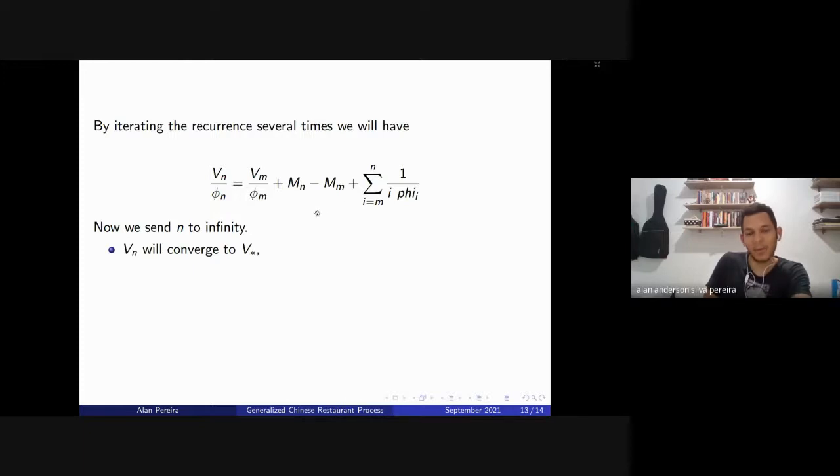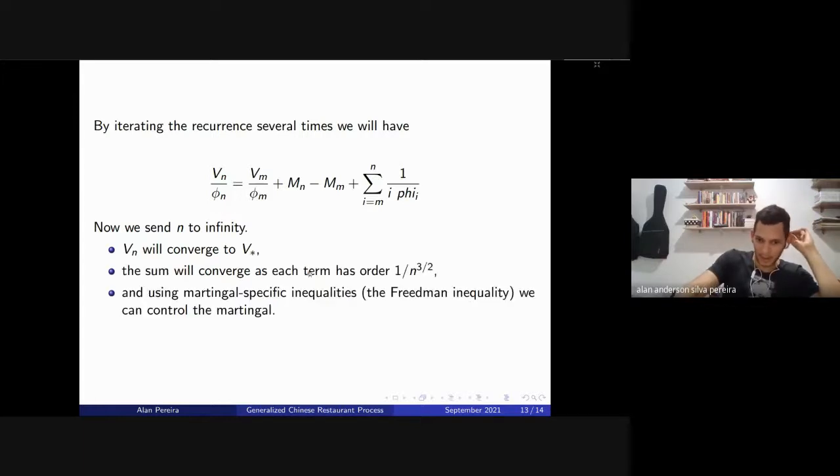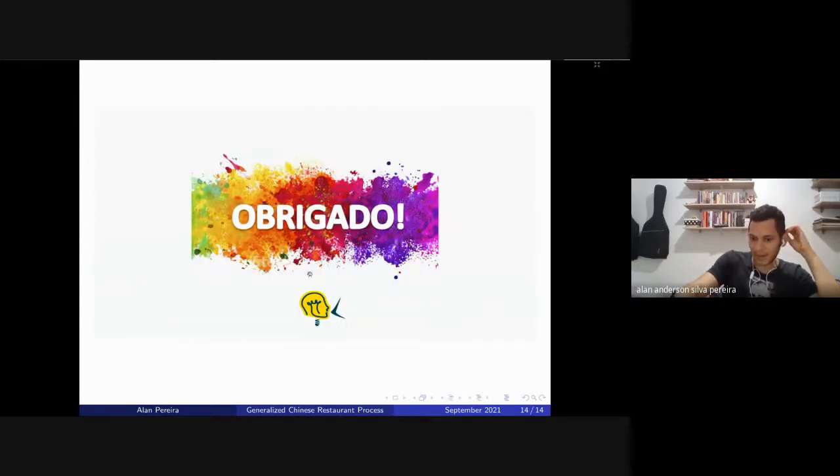And the martingale part, we can prove that it converges by martingale results about concentration. Specifically, we use here the Freedman inequality. It's like the Azuma-Hoeffding inequality, but for square-integrable martingales. And when I translated I forgot the reference. Sorry, and thank you for the attention.